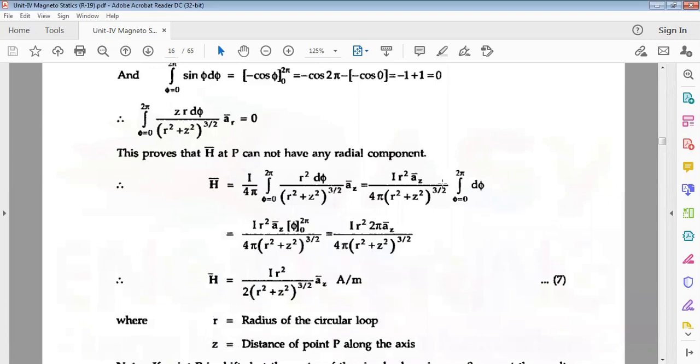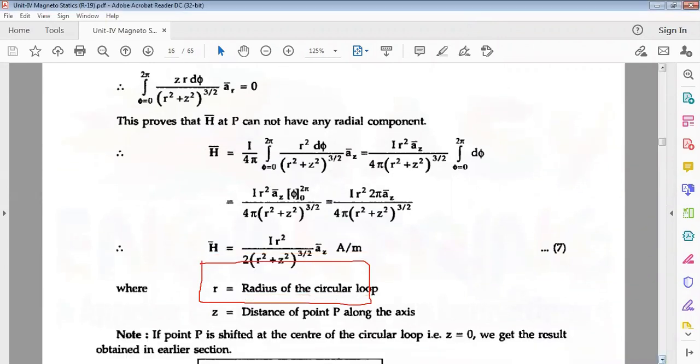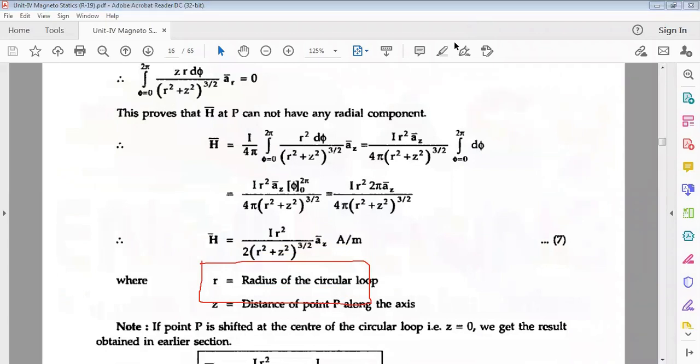Now, the integral of dφ is phi, and phi varies with the upper limit 2 pi and the lower limit 0. I R square 2 pi AZ bar whole divided by 4 pi R square plus Z square whole power 3 by 2. Therefore, the H bar is equal to I R square by 2 into R square plus Z square whole power 3 by 2 into AZ bar. This is the H bar on the axis of a circular loop. Okay, madam. This R is the radius of the circular loop, and Z is the distance of point P along the axis.